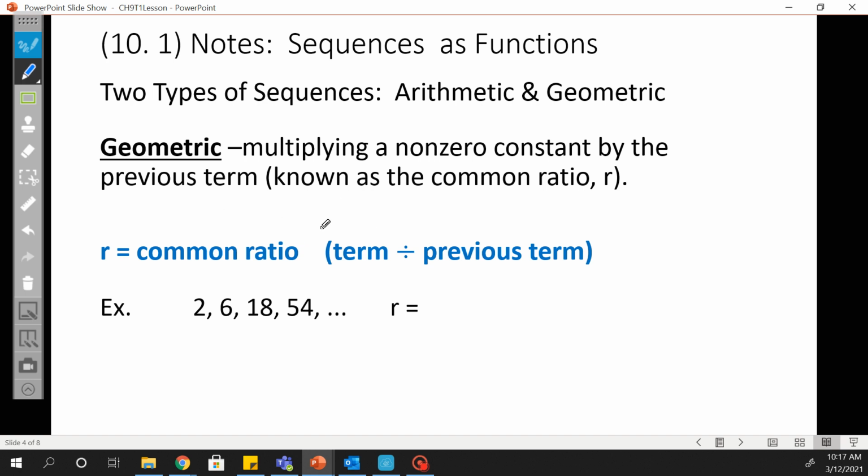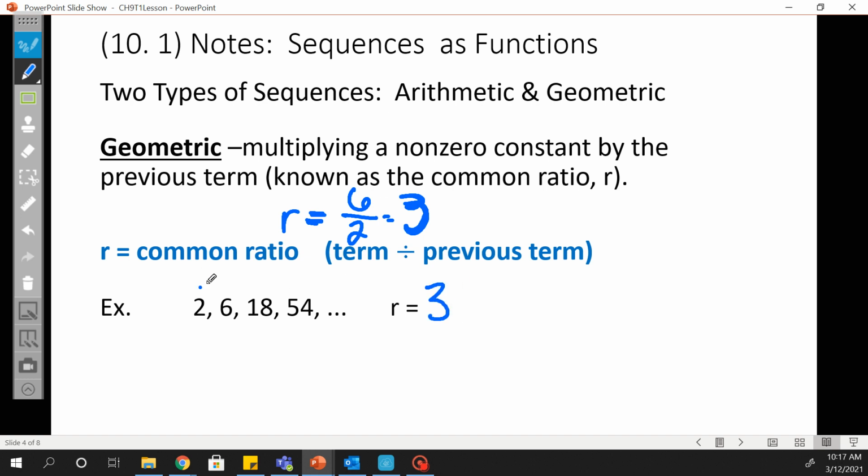If I want to know the common ratio here, R, then I can take a term, any term, so I'll take 6, and I'll divide it by the previous term, which is 2. So the ratio here is 3. The non-zero constant that I'm multiplying by to generate this sequence is 3.